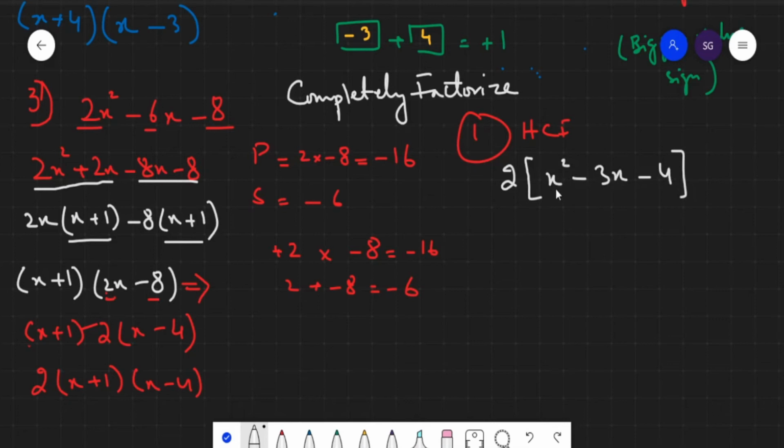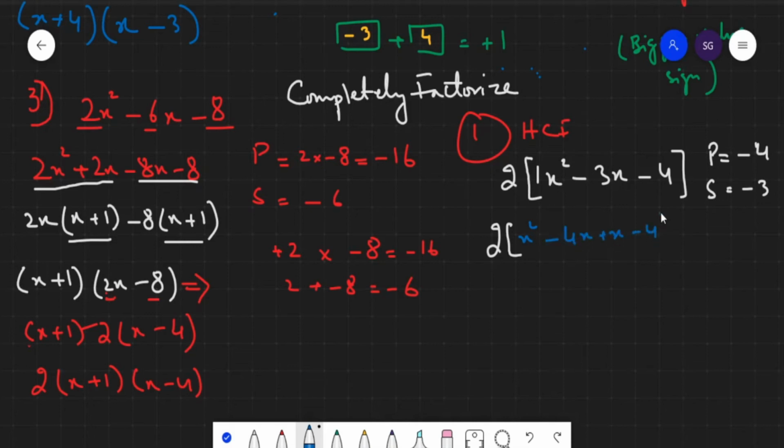And now I factorize the expression inside this bracket. For this, we have the product P equals 1 times negative 4, so that's negative 4, and the sum is negative 3. How do you get a product of 4? By the table of 4, so that's negative 4x plus x.